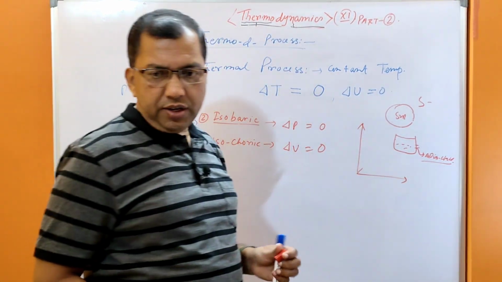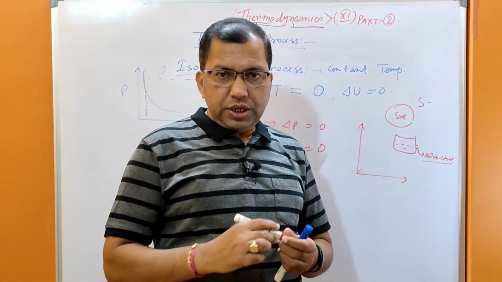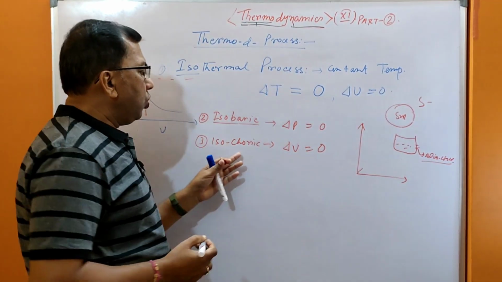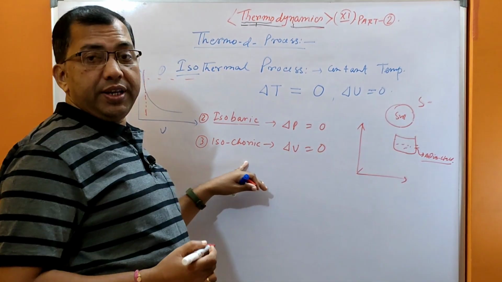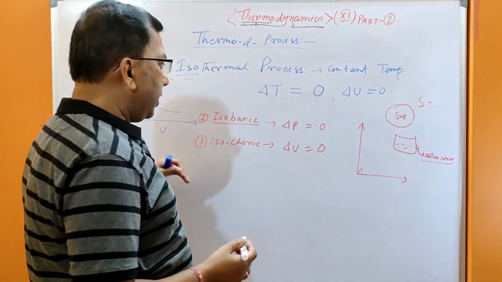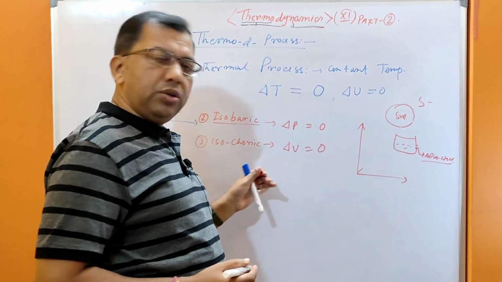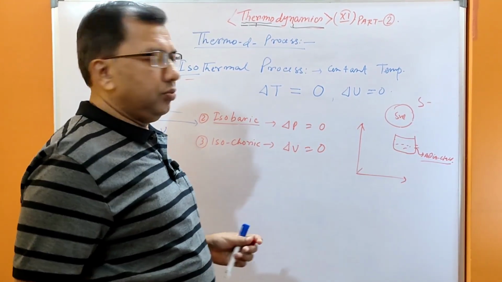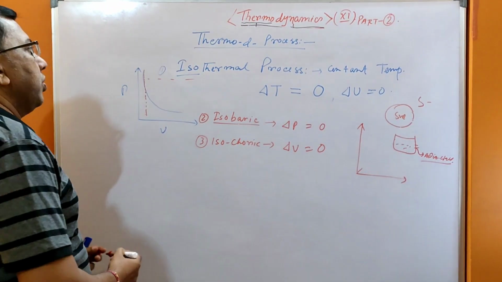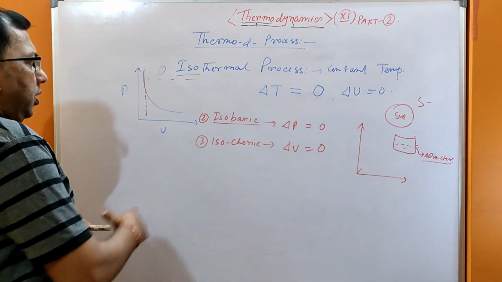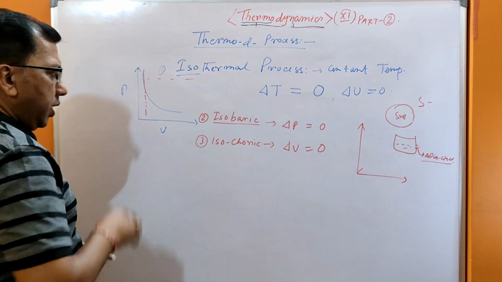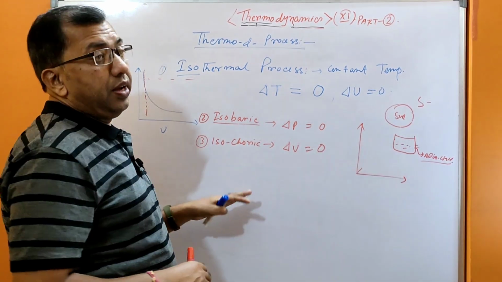So in this case, delta Q equals 0. Clear? So what we learned here: isothermal, isobaric, isochoric and adiabatic.